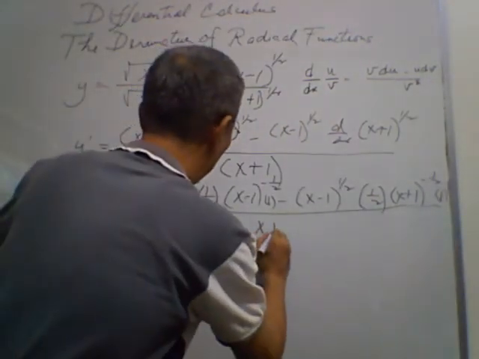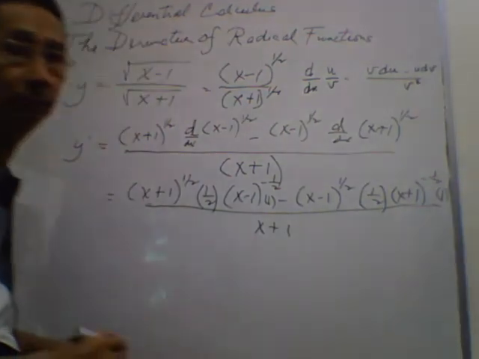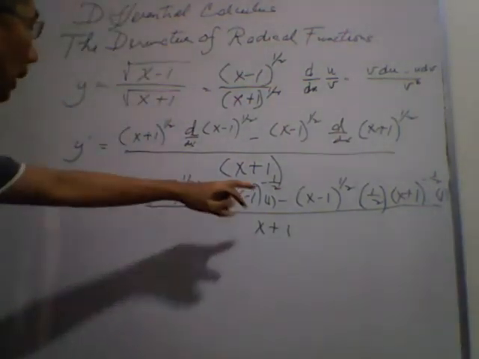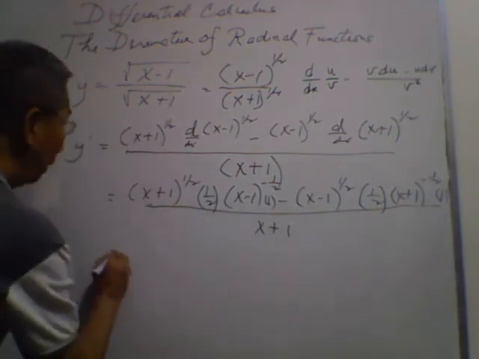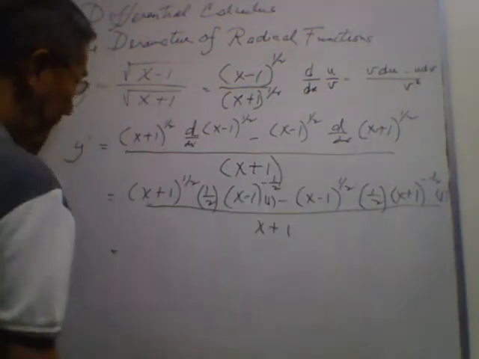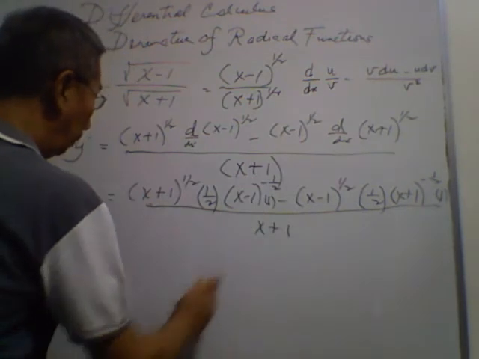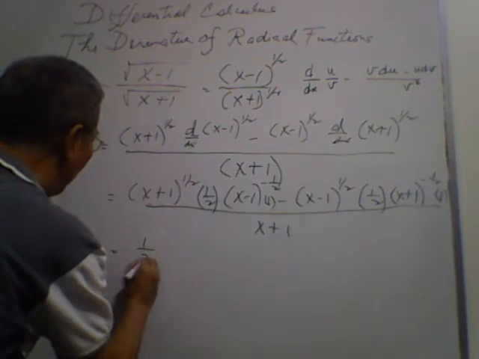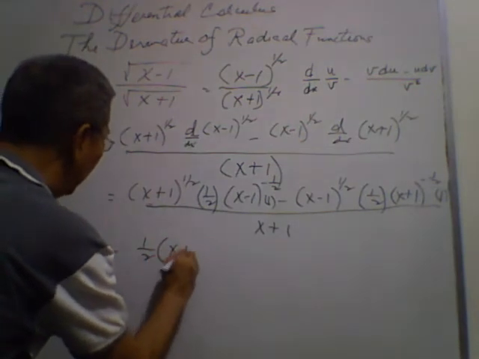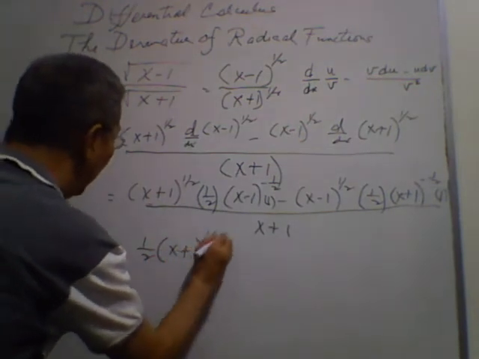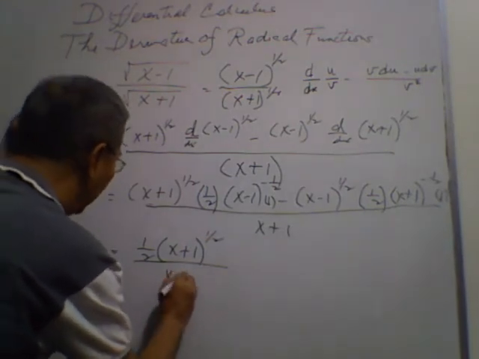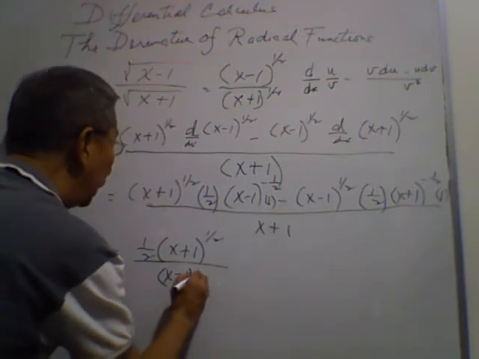So, we are using the same denominator. For this, we're going to change the numerator to its proper form. We avoid using negative exponents, so we're going to use 1 half as the quantity x plus 1 raised to 1 half, and that is over x minus 1 raised to 1 half.